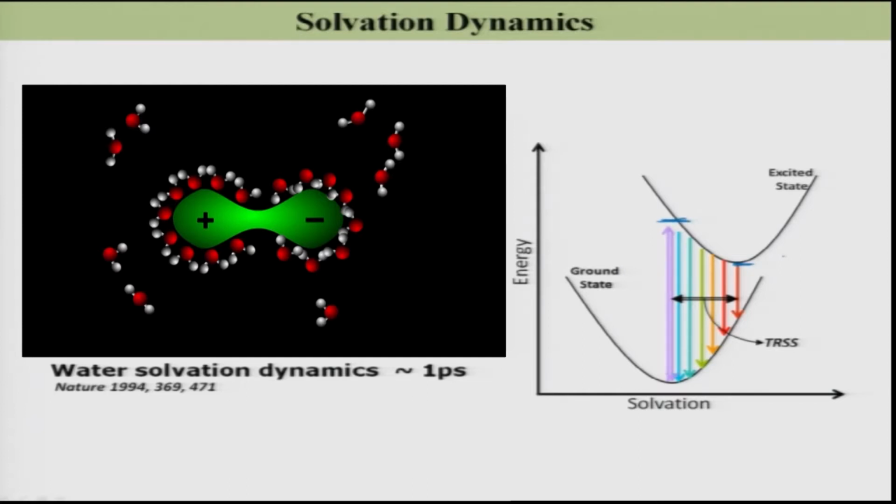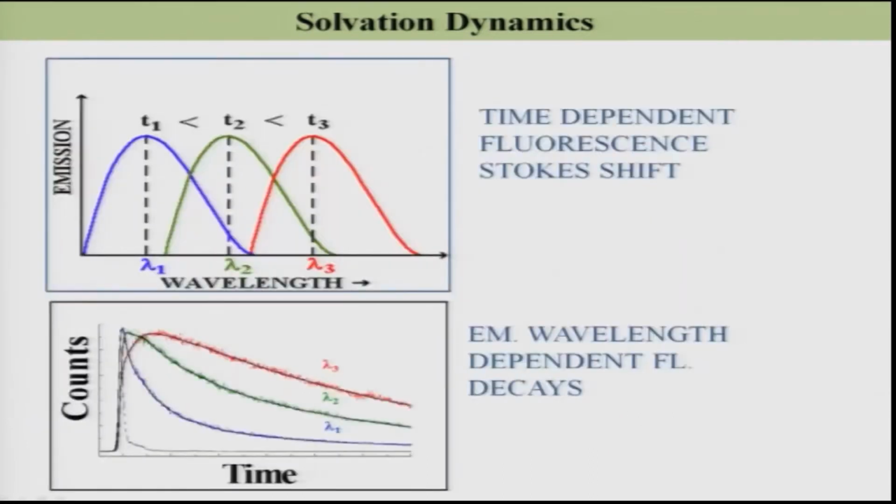That means I will get a time dependent emission spectrum. This is known as the time dependent fluorescence Stokes shift. The Stokes shift changes because of the solvation, and if I plot this emission spectrum as a function of time, at time t1, the smaller time just after the excitation, the emission is like this.